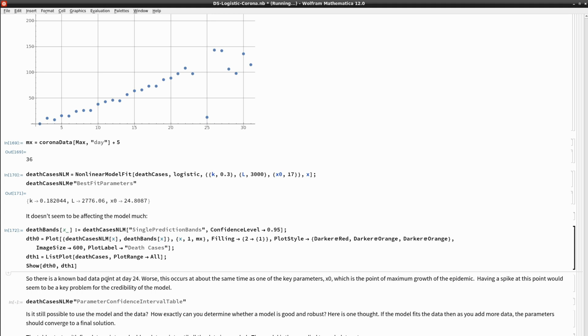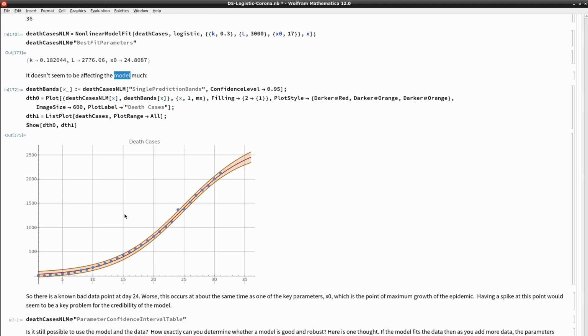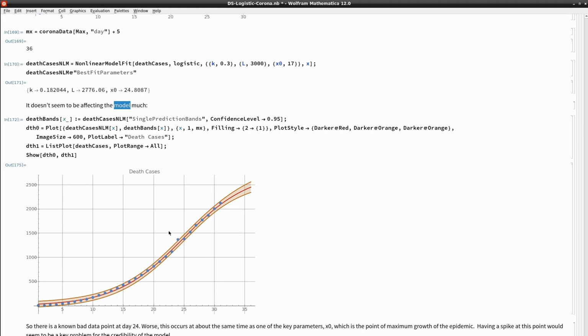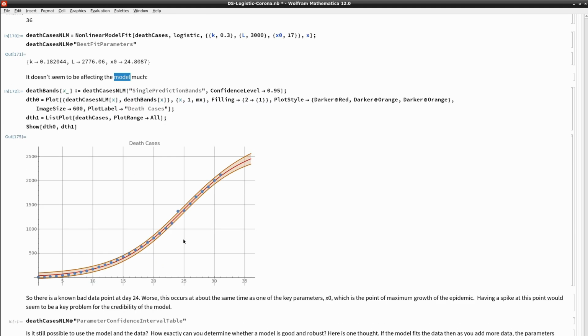It doesn't seem to be affecting the model much, and again, let's plot it again. We have already seen this data above, but let's just look at it again to convince ourselves that this data problem doesn't give us a problem in the actual fit. And indeed, here's a point that's a little bit to the upside, but it's really not too bad.